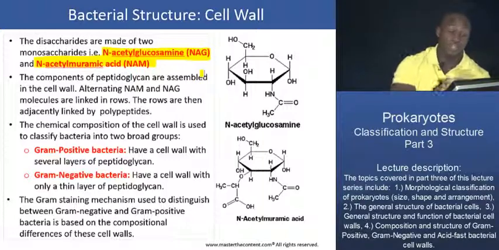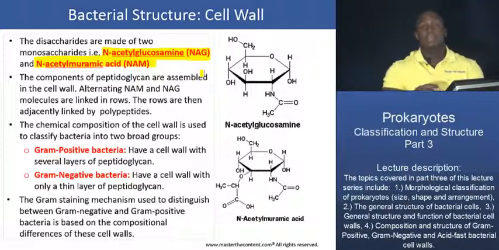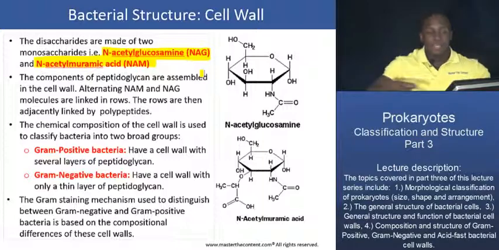Those are the two main sugars you will find that polymerize to form peptidoglycan. Now, the components of peptidoglycan are actually assembled within the bacterial cell wall. So NAG or NAM will be transported to the bacterial cell wall where it will be assembled into that peptidoglycan layer.